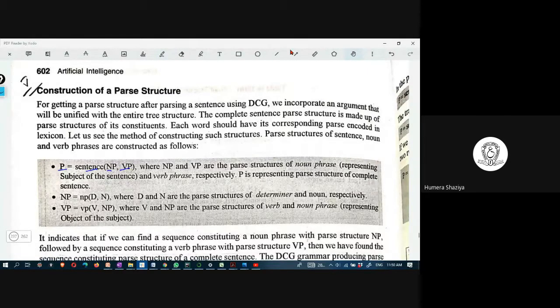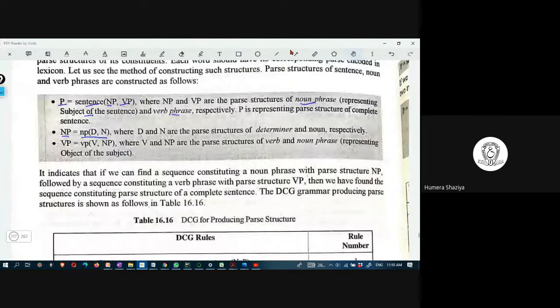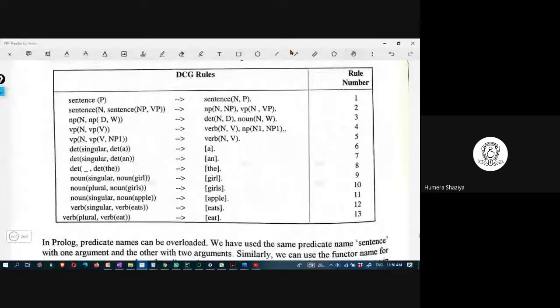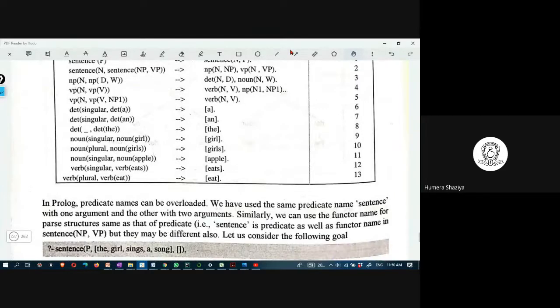Noun phrase represents the subject, verb phrase is the action. In noun phrase, we have NP, DN. What is DN? Determiner and noun. In VP, what do we have? Verb phrase, noun phrase. Like this, it is developed, and then DCG rules are formed.